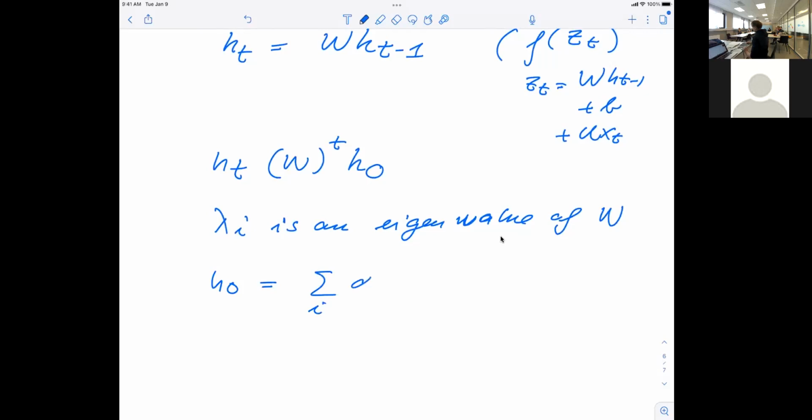So we would have an alpha i, which is just a constant, multiplied with the eigenvector.